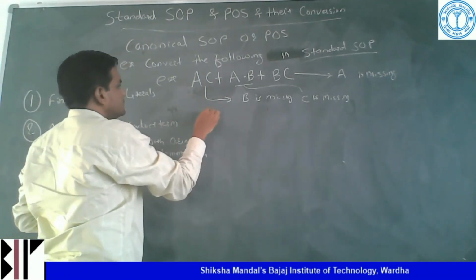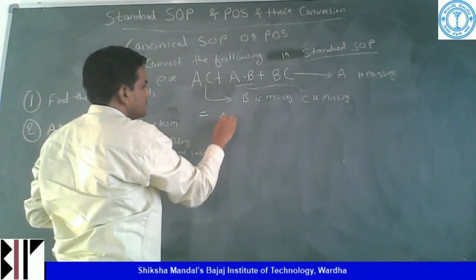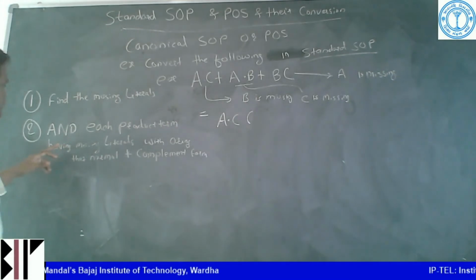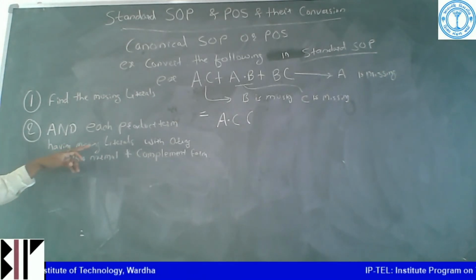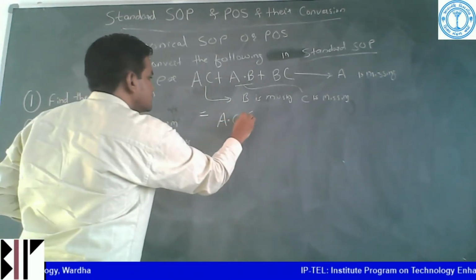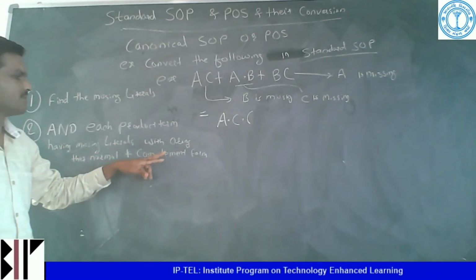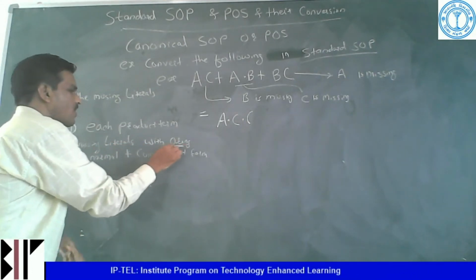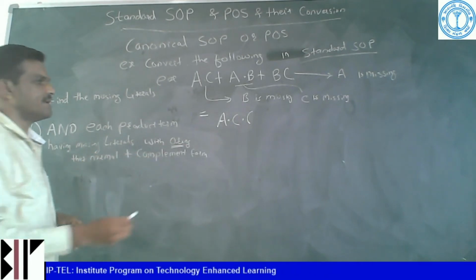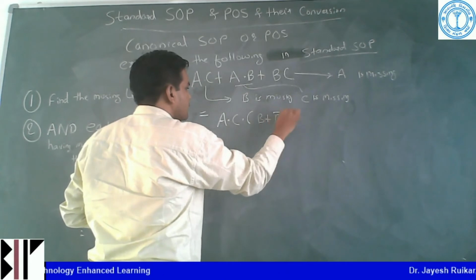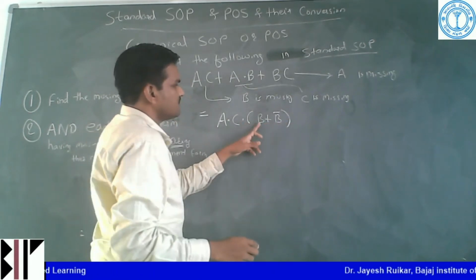Now I'm solving this. So AC, B is missing. So A dot C, and what we have to do is AND, that means I'm multiplying this with the normal and complementary form, ORed. So B is missing, so B plus B bar. I'm multiplying this with B plus B bar.